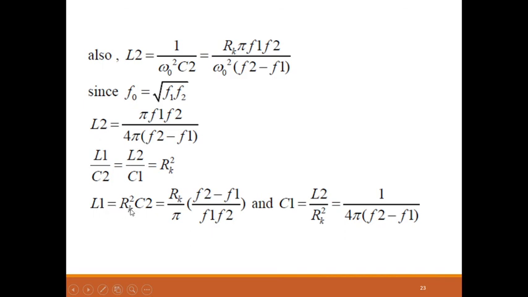Since L1 should be equal to Rk square into C2, so L1 is Rk by pi into (f2 minus f1) divided by f1 and f2, and C1 should be equal to L2 by Rk square. So we are substituting here, C1 is 1 divided by 4 pi (f2 minus f1).